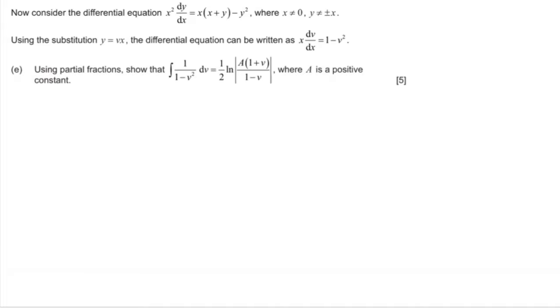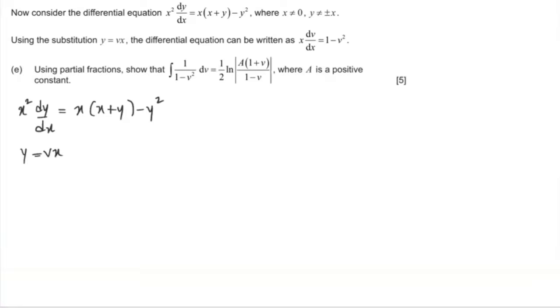Okay, so let's go. I pick my differential equation, x squared dy by dx equals x times x plus y minus y squared. Since y is vx, switch all the y's with vx, but I need to find this dy by dx as well.